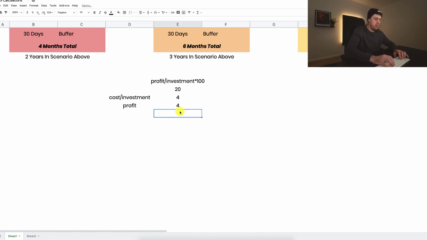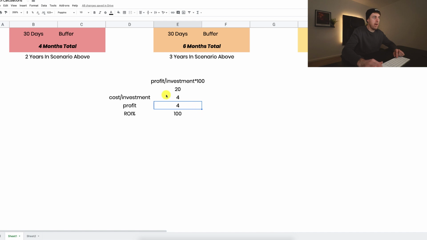The calculation is we want to take profit and divide it by investment, add some brackets, and then times it by 100, and that's going to give us the figure, which is 100. And of course, if you wanted it to be all nice and neat, you'd make this a percentage. This is our ROI here, and so it's 100.